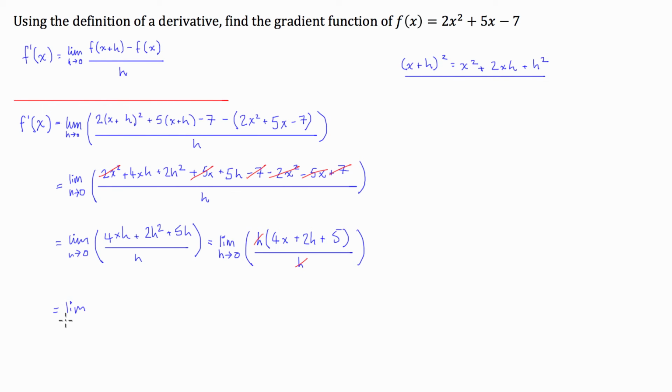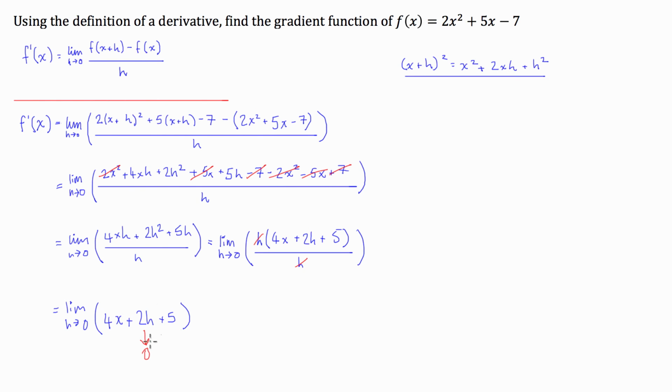And finally, we're left with the limit as h approaches 0 of 4x plus 2h plus 5. Now what we then do is we take the limit, so we take h to 0, and what happens is this 2h here will tend to 0, and h going to 0 doesn't affect the plus 5 or the 4x.